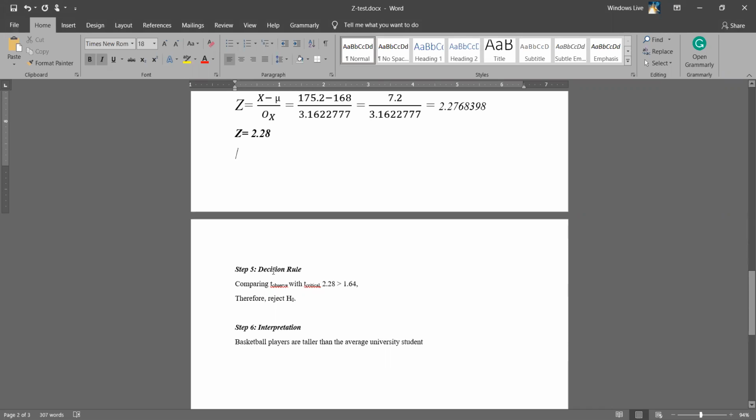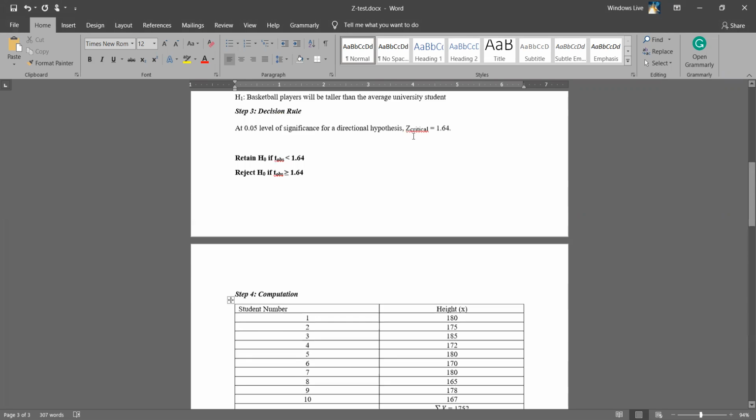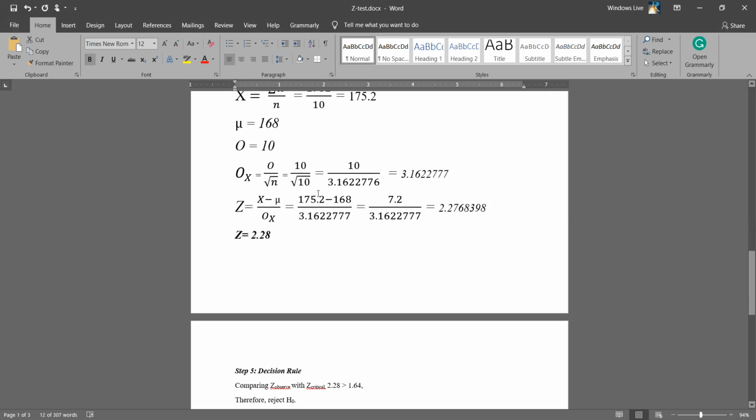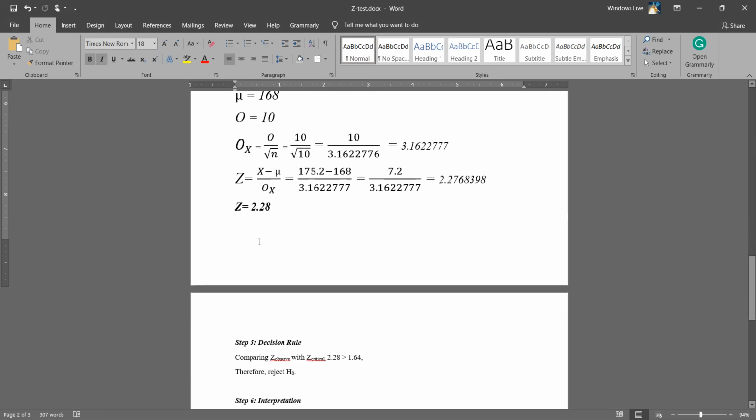decision rule. So under step 5, you are supposed to compare this z observed with our z critical. You know the z critical, we had it to be 1.64. And right now we know our z observed to be 2.28. So let me bring the decision rule that we made here and compare it and see what we are getting at the moment.